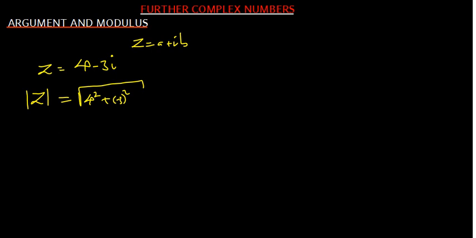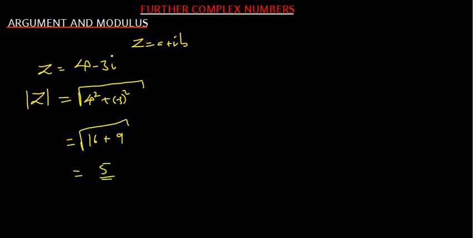What we are just applying is the Pythagoras theorem, and this is the hypotenuse, the modulus. 4 squared is 16, 3 squared is 9, 16 plus 9 is 25, the root of 25 is 5. So that is the modulus of that complex number.